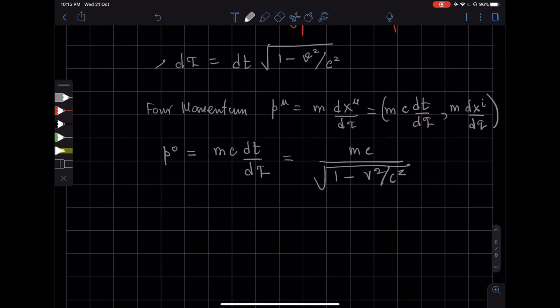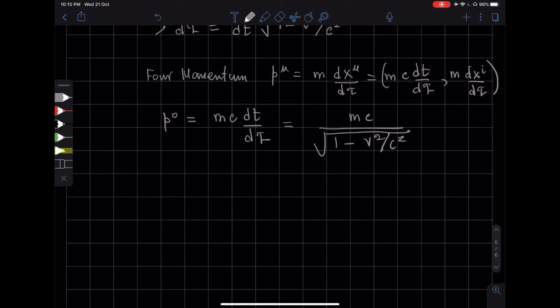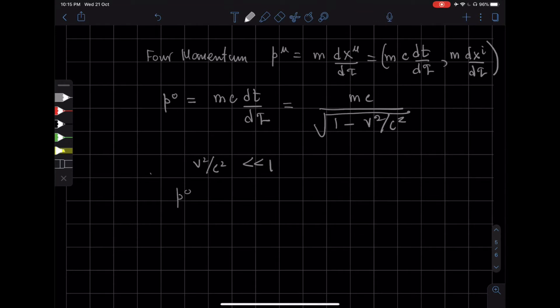Now, in the non-relativistic limit, where v squared by c squared is much, much less than 1, we can expand p0 in powers of v squared over c squared, and then this will become mc times 1 plus half v squared by c squared and higher order terms.